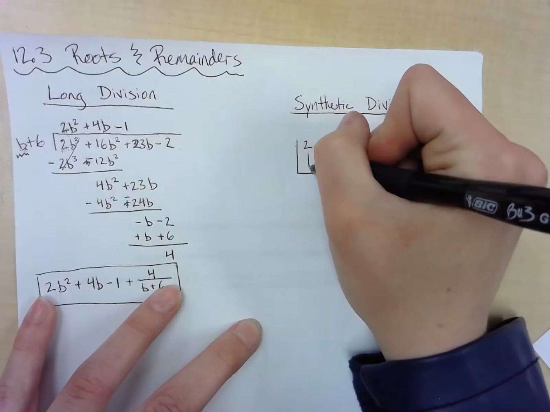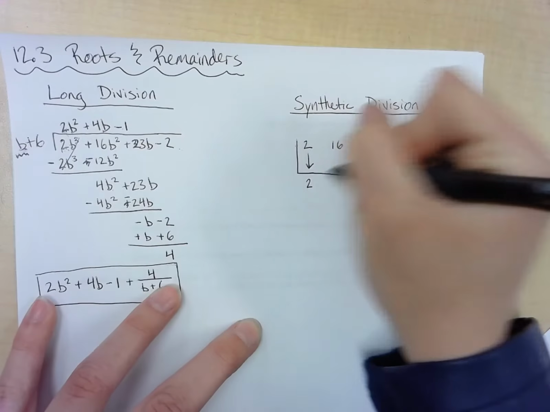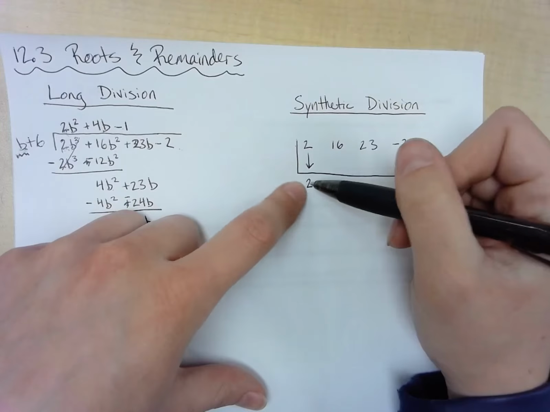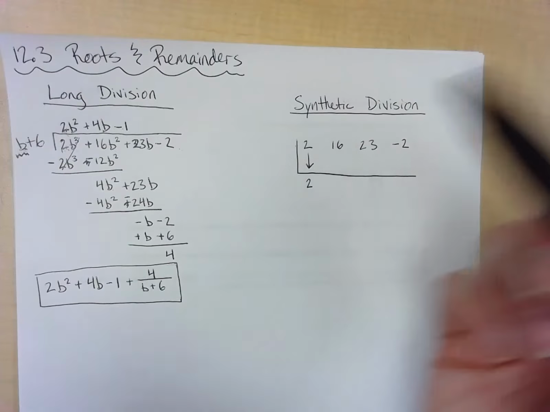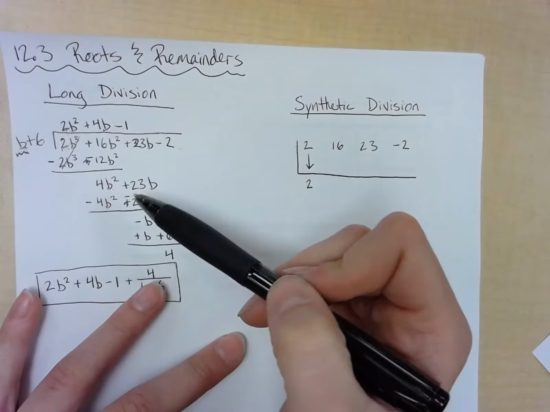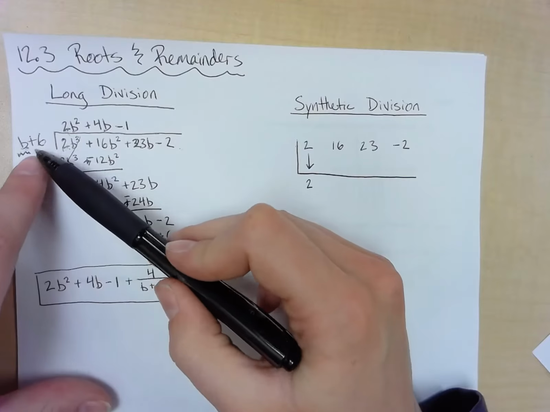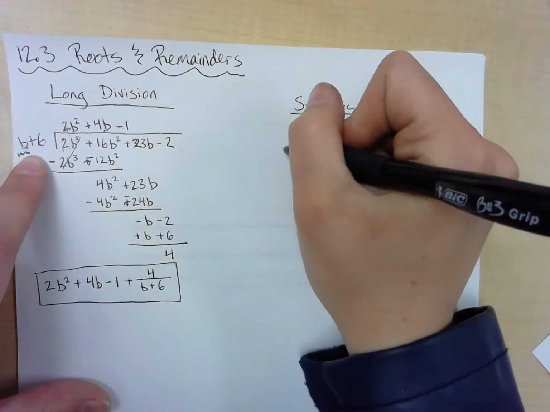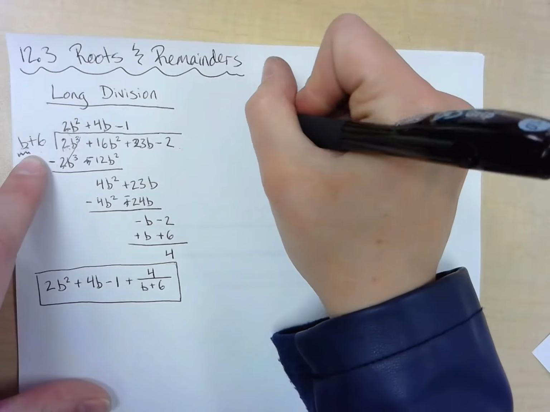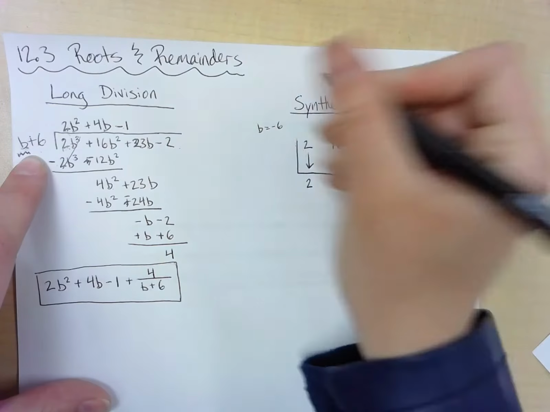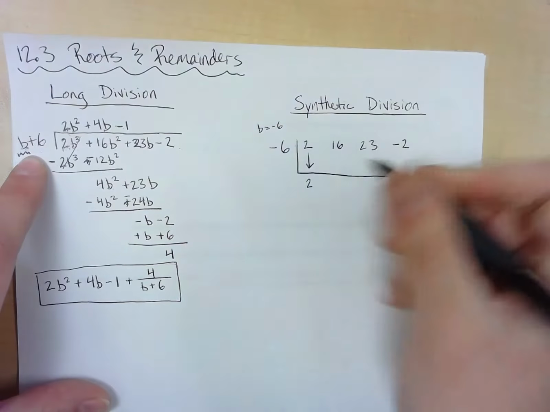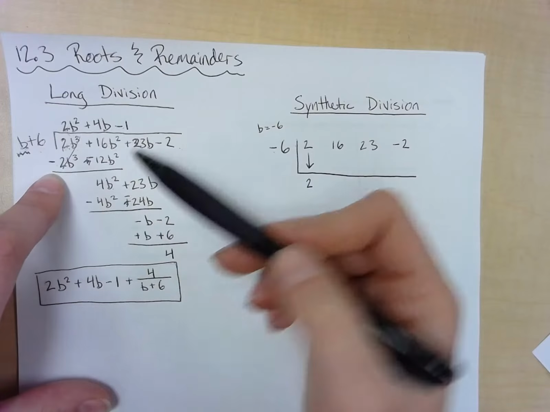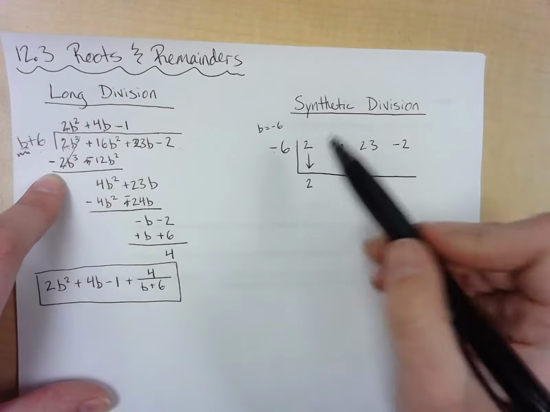So in this process, I'm just going to drop it. This is going to represent our answer down here. And I would rather not put the number there and then subtract. So what I'm going to do is take the solution of this, which is basically switching the sign. Because I know that b equals negative 6, by switching this sign, now instead of subtracting every time, I can just add down every time.